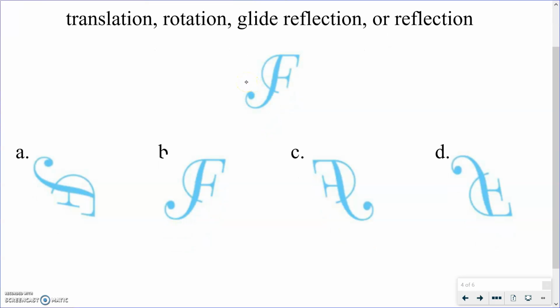And so think about what each of these are. Okay, this first one is a rotation of the original. And the second one, you can see it's oriented the same way, so that's a translation.